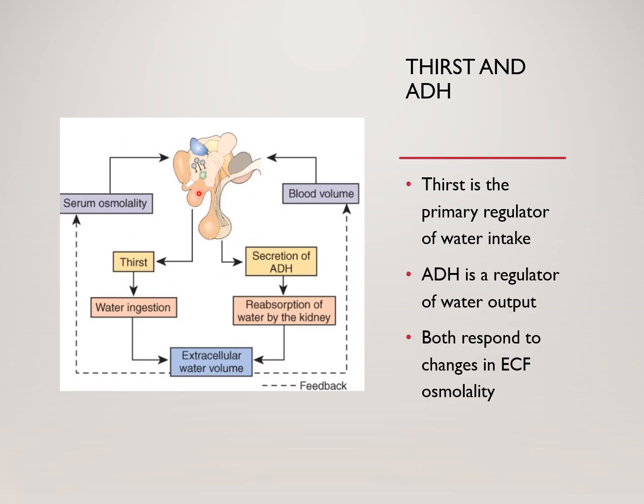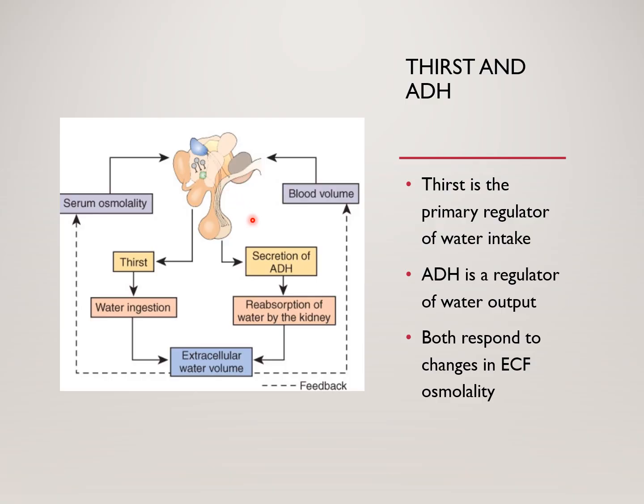So the hypothalamic thirst center signals thirst. We drink water, we increase our extracellular fluid volume and reduce the osmolality to turn off that thirst center. But if serum osmolality goes up, we will again signal the hypothalamus to signal thirst.